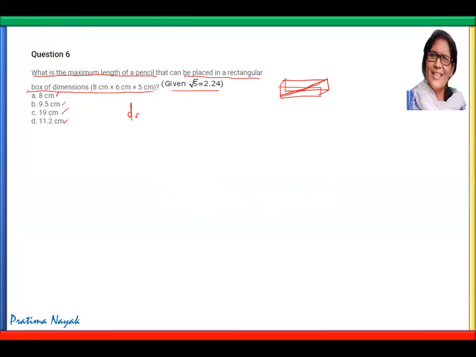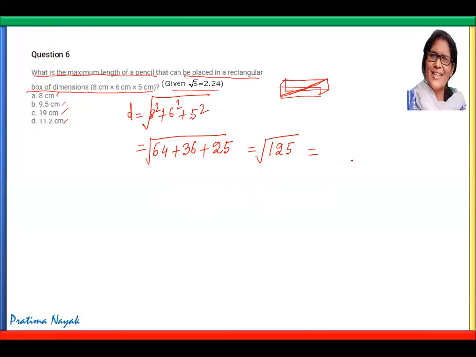So D is equal to 8 square plus 6 square plus 5 square under root. 8 square is 64, 6 square 36, 5 square 25, add it, 125, square root. 125 will be 5, 5, 5.